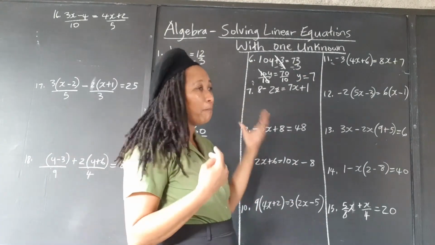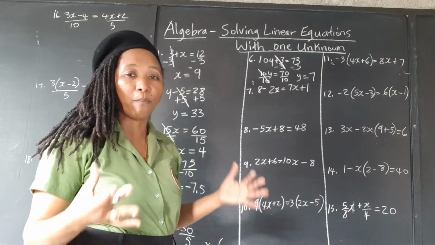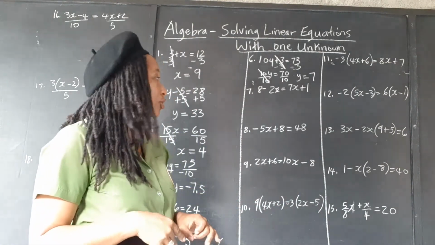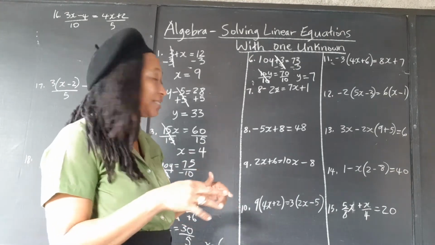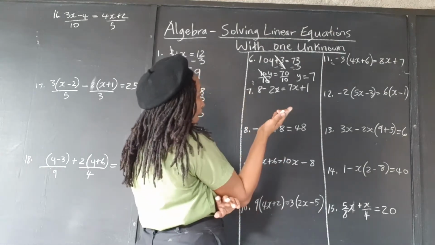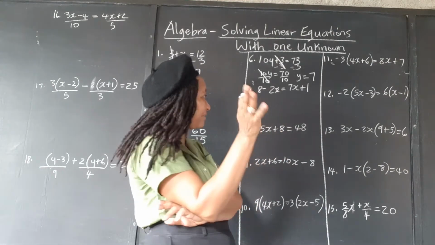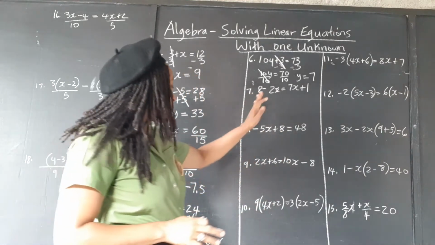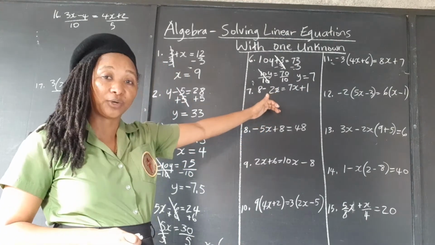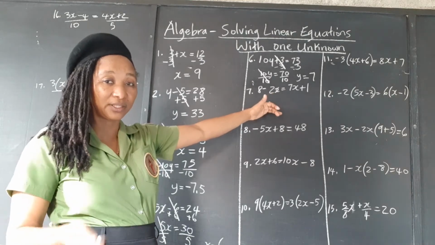Here we need to combine our like terms, combine our x's, combine our whole numbers, right? So I'm just going to go ahead and do the necessary operations. I want to have a positive variable, right? If I make it so that the x comes on the left, it's going to end up being negative, which I want to avoid.